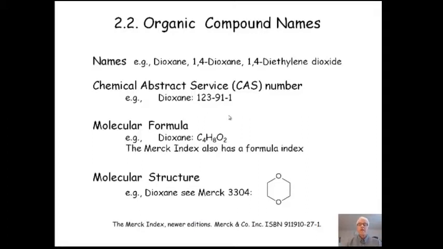We're often interested in what's in the chemical, so the molecular formula showing us the distribution of atoms is of some interest. One of our references, the Merck Index, has a formula index, so if you know the formula, you can approach the name fairly directly. We're also interested in the reactions and behavior of these chemicals, and that's often illustrated by the molecular structure. In this case, this is dioxane.